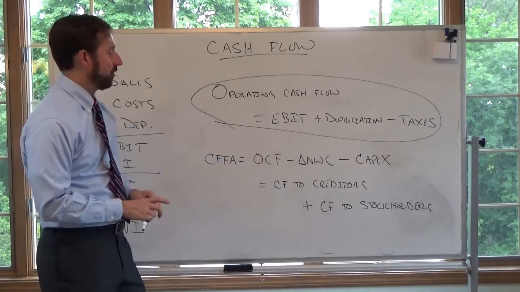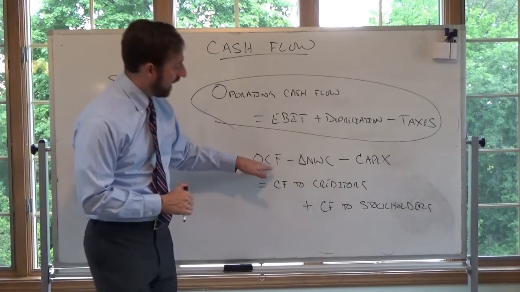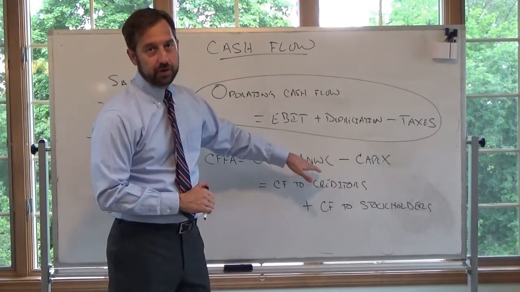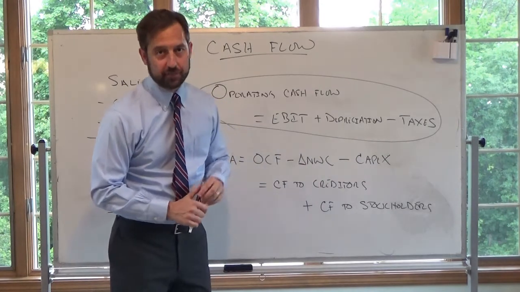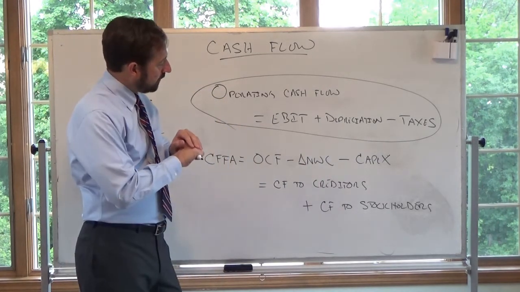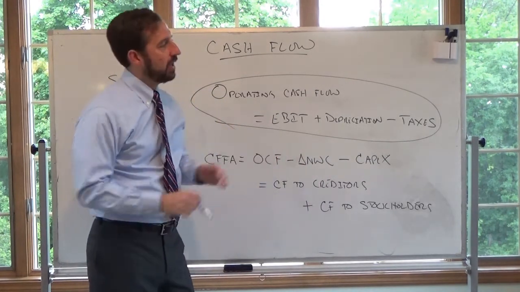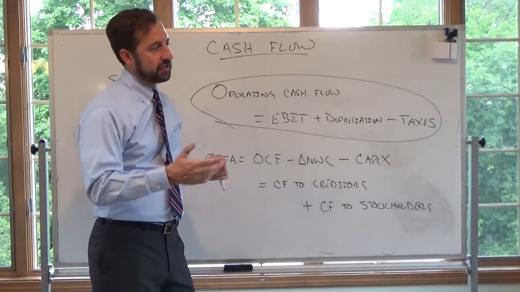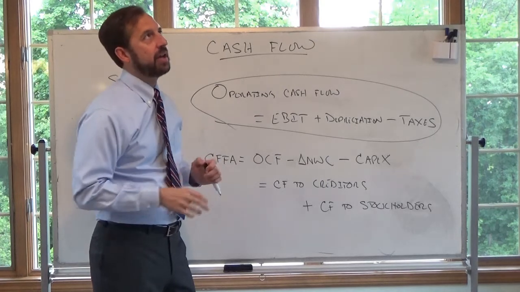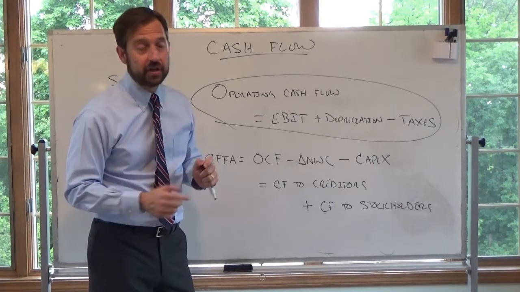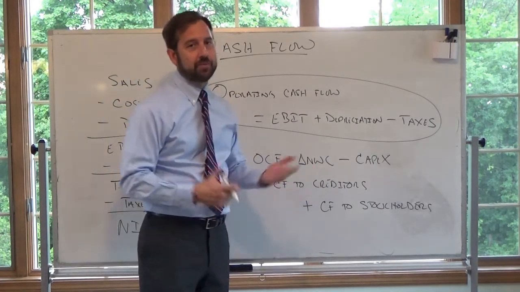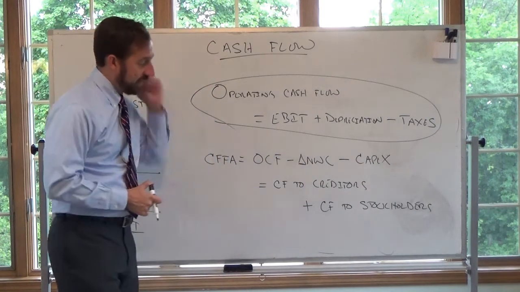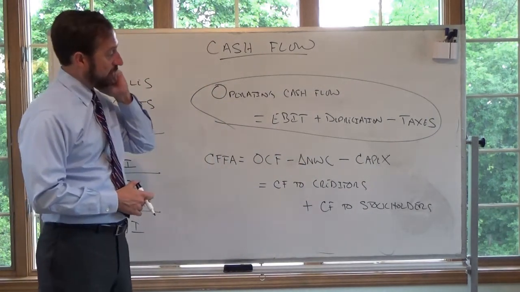Then our total cash flow from assets is usually defined as operating cash flow minus the change in net working capital minus capital expenditure, right? If you actually want to calculate capital expenditure, it's ending fixed assets minus beginning fixed assets plus depreciation. Change in net working capital is just the ending minus beginning net working capital.